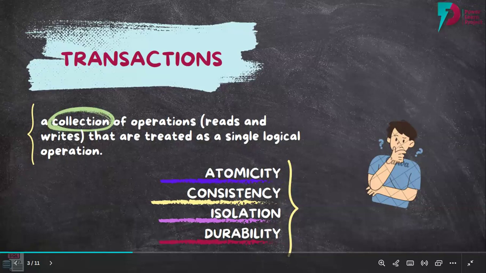Number two, to prevent data corruption by maintaining atomicity. Another key point, to prevent interference between concurrent transactions.